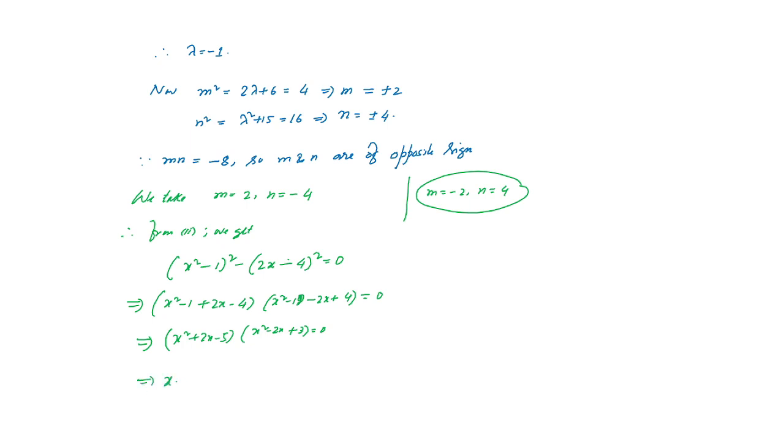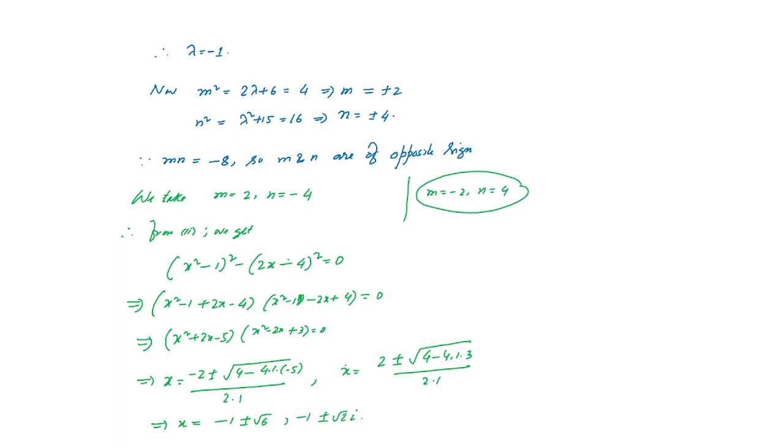So now what will be the roots? x equals minus b plus minus root of b square minus 4ac by 2a, and from this your x will be -1 plus minus root 6 and -1 plus minus root 2i.